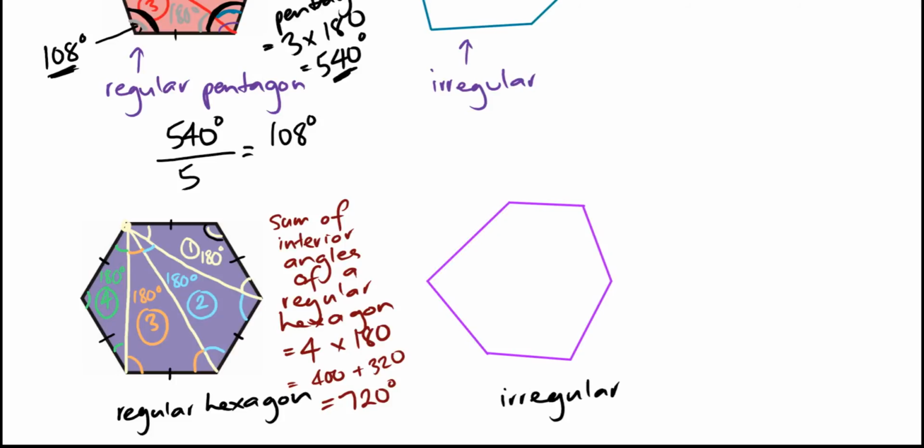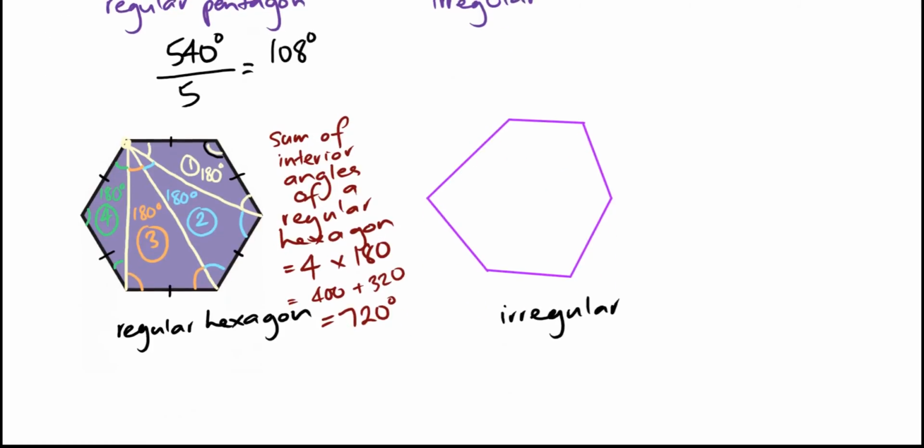So now, because we have 6 interior angles, if we take this 720 degrees and divide it by 6, we will get the size of one of the interior angles. So 720 divided by 6 gives me 120 degrees. So one of those interior angles is 120 degrees.